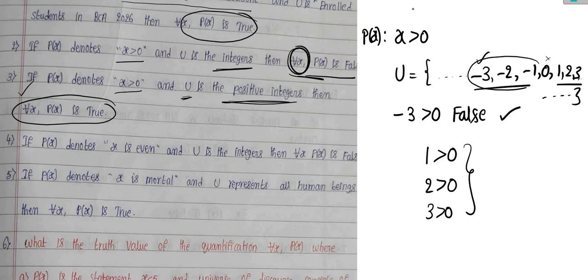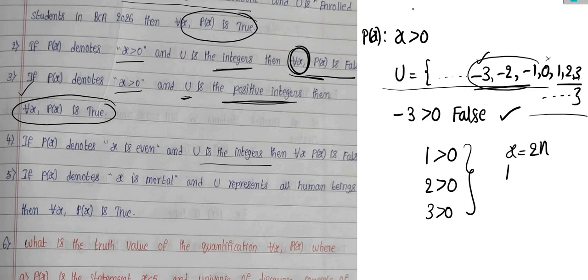Next, fourth example. If P of x denotes x is even, U is integers. Here also we are taking U as integers only. Even number means a number which is written like this, 2n.